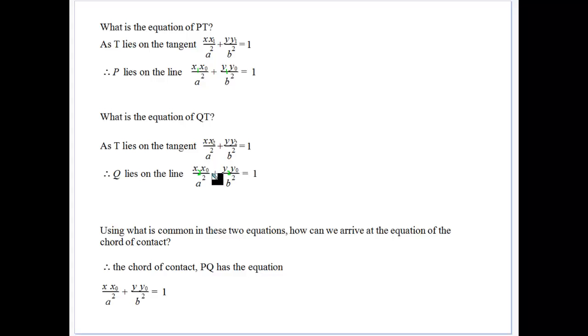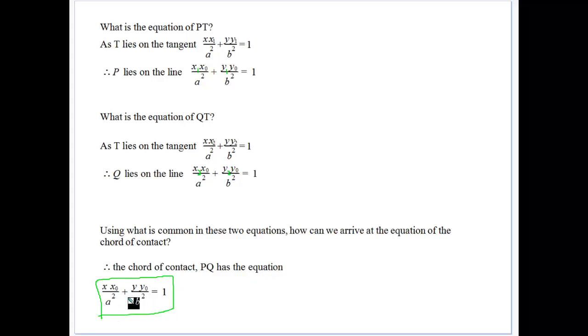Now again, we have to look at what's common. When we see the commonality between these two, we could have a line xx0 on a squared plus yy0 on b squared, where both (x1, y1) and (x2, y2) satisfy that one equation. If that's the case, then that must be a line, because it's only x and y that goes between (x1, y1) and (x2, y2), which means that would be the chord of contact.